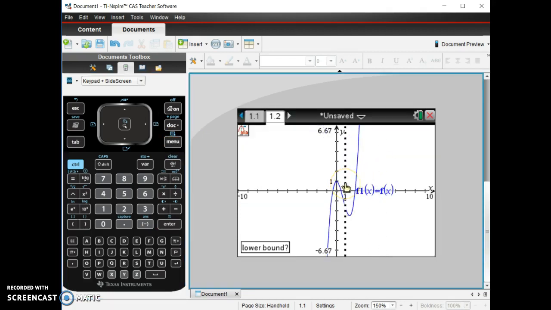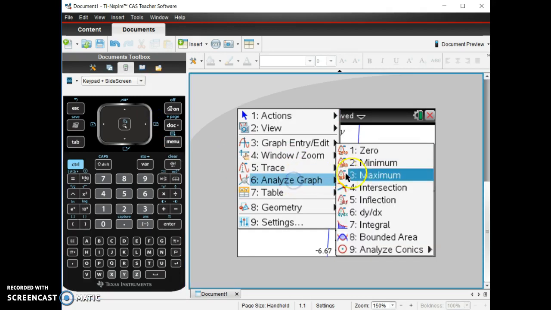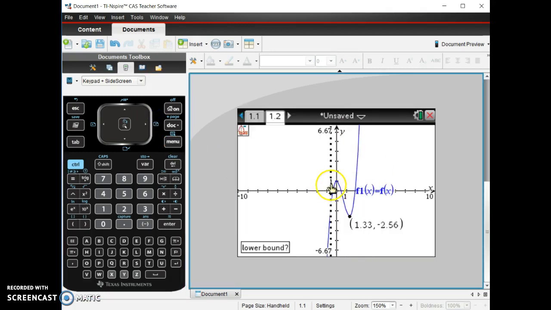The minimum is between that lower bound and that upper bound. We've got the coordinates there, and likewise for the maximum, Analyze Graph, Maximum, between that lower bound and that upper bound. We've got the coordinates there that we can drag over to make it a bit clearer.